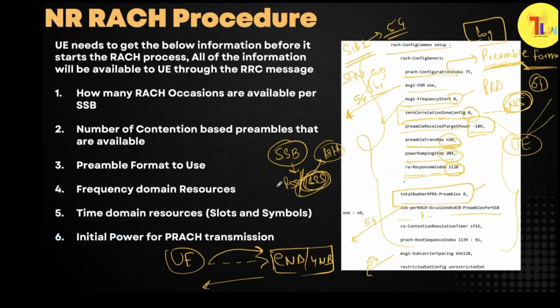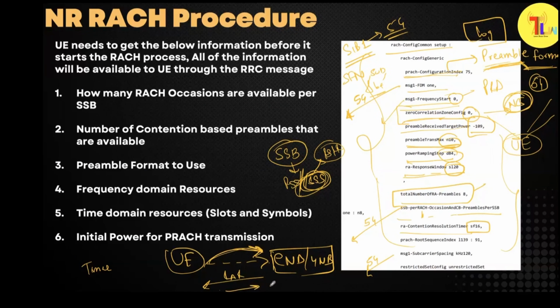Then we have the RA contention resolution timer. When you are sending this message, a timer is started in the CBRA procedure, which is again in the form of SF16. Whatever your subframe is, it will be converted into ms. After that it will receive the RAR, that is the random access response.